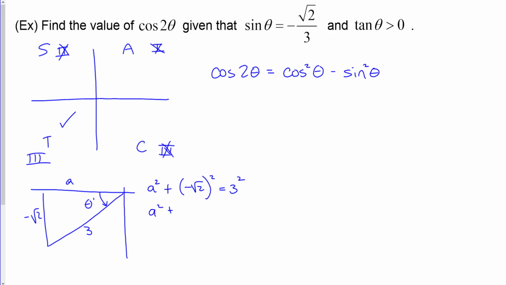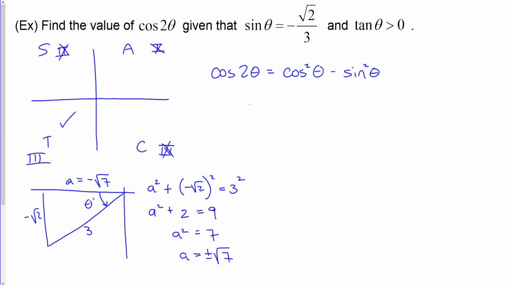So a squared plus 2 equals 9, or a squared equals 7. So a is either the positive or negative square root of 7. Since I'm in quadrant 3, it's got to be a negative value.